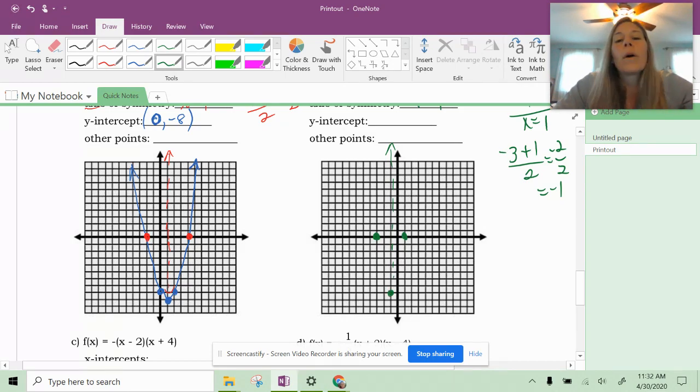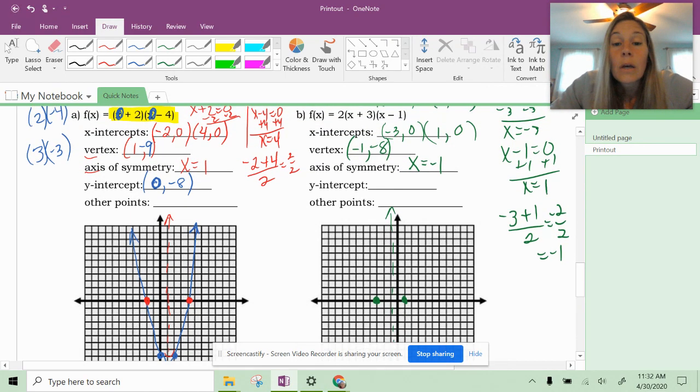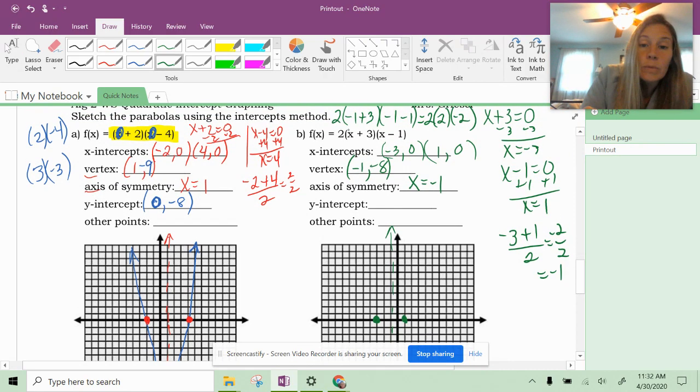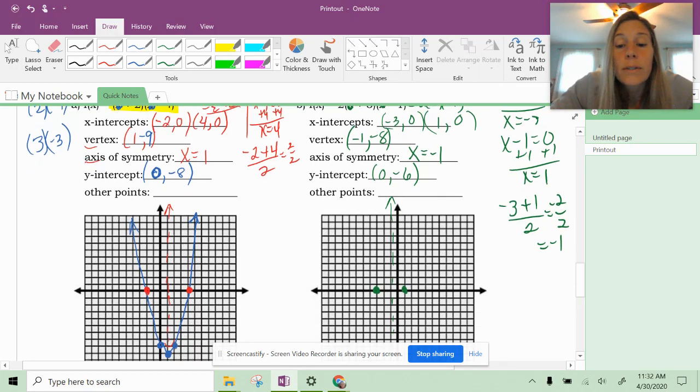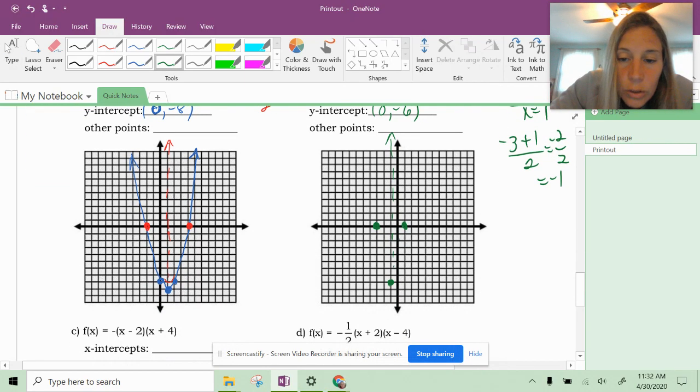Okay, then finally we want the y-intercept. So the y-intercept, we would just be plugging in zeros for these x's and seeing what we get. So if I plug in zeros, I end up with 2 times 3 times -1, which is -6. So 0, -6 is that y-intercept. 1, 2, 3, 4, 5, 6.